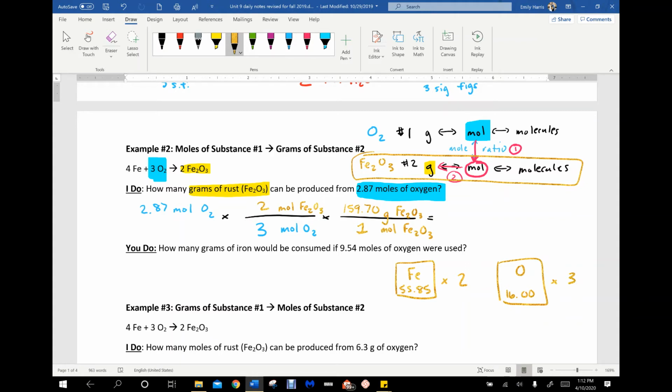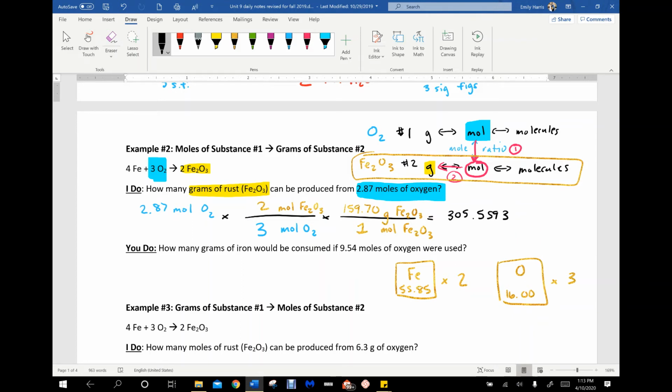All right, so now let's kind of work through how this would go in our calculator. So we would take 2.87 times 2 divided by 3 times 159.7 divided by 1. All right, and so what that gives us is 305.5593, and it keeps going.